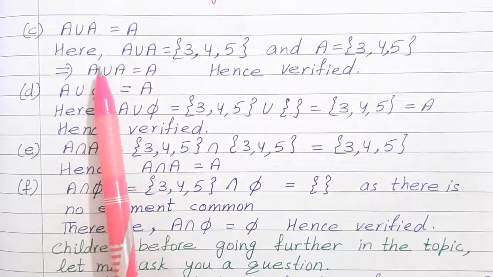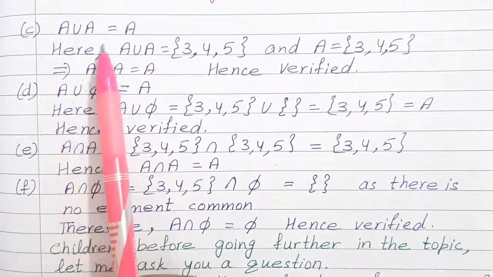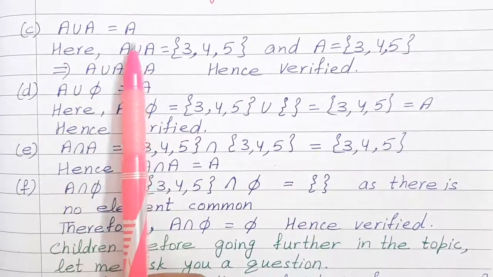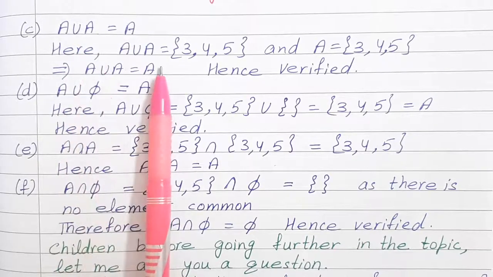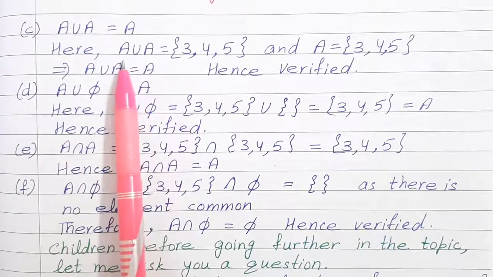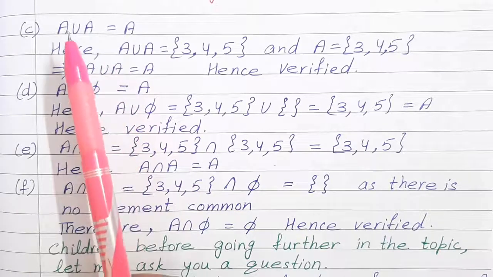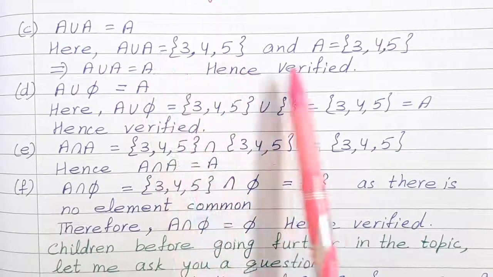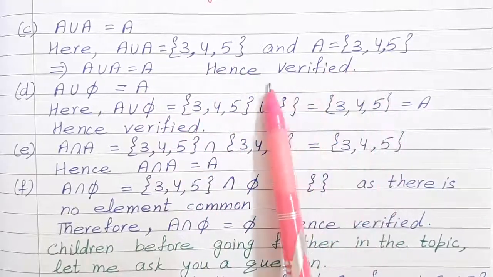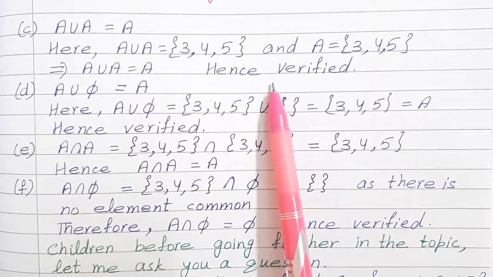Now, children, we have to prove that A union A is A. Now, what will be A union A? A union A is basically A only, right? So, if you take all the elements of A with A, it is the same, that is {3, 4, 5}. And A is already {3, 4, 5}. So, the two are equal, hence verified.